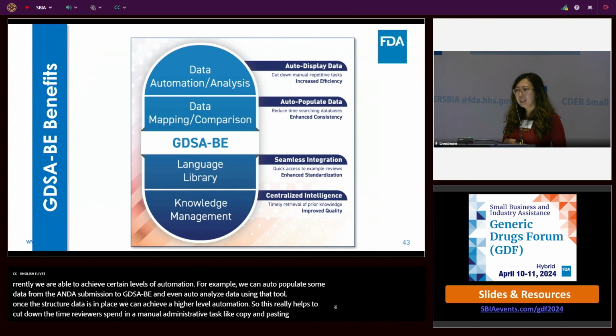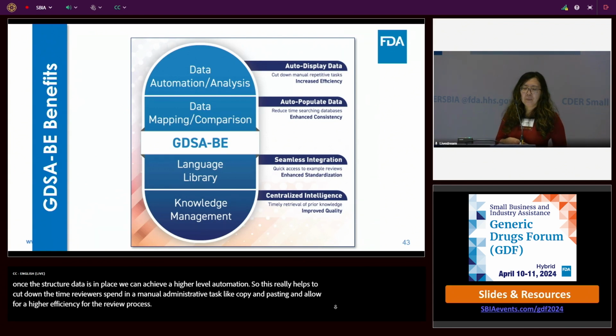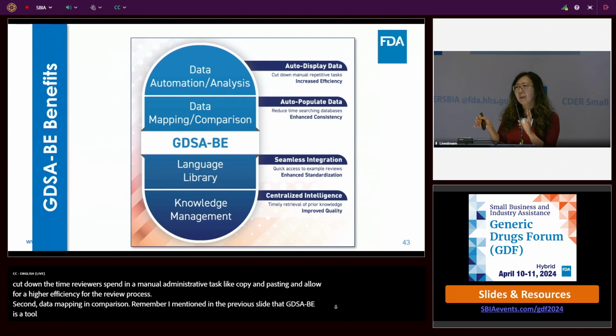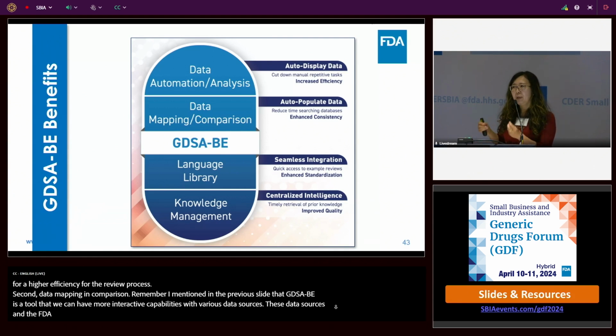Second, data mapping and comparison. Remember I mentioned in the previous slide that GDSA-BE is a tool that can have more interactive capabilities with various data sources. These are data sources in the FDA resource page that we can create a linkage with GDSA-BE.